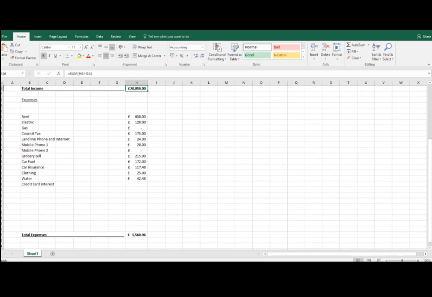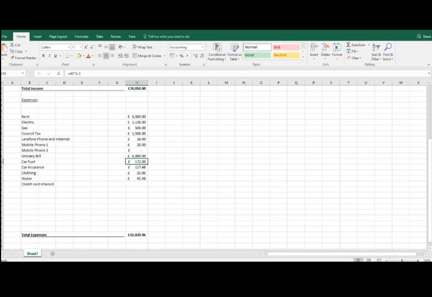And then we have our expenses, our money going out. So we have things like rent for a year, electric, gas, council tax if you're based in the UK, mobile phones, you'll have grocery bills, and the list goes on and on.